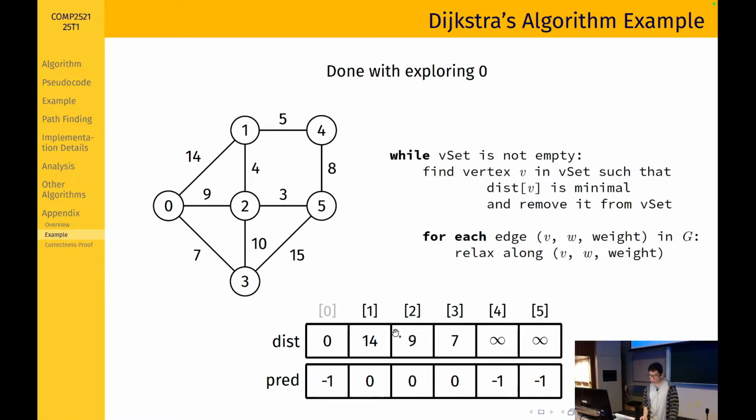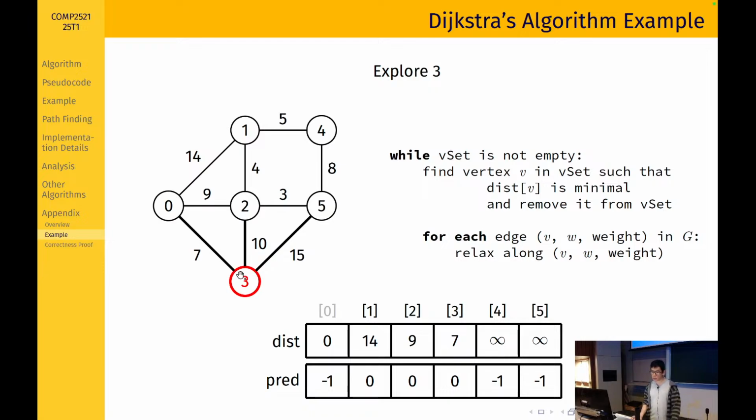So now we have to remove the vertex from the vset that has the smallest distance. Since 3 is the vertex with the smallest distance, we're going to remove that. And we're going to explore these 3 edges.